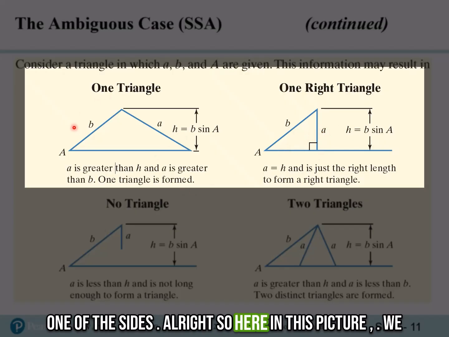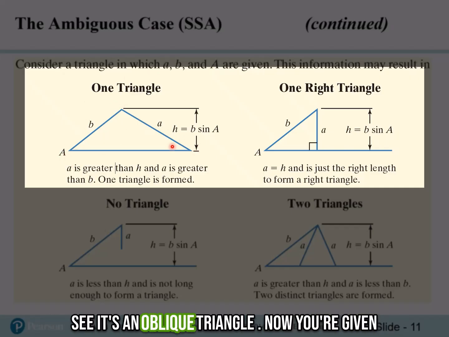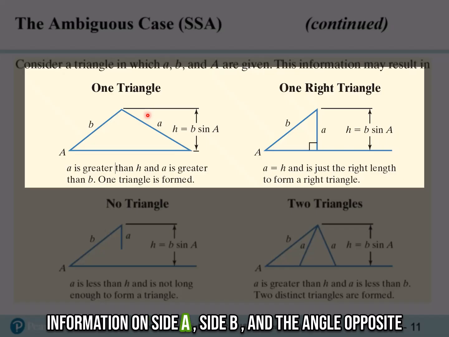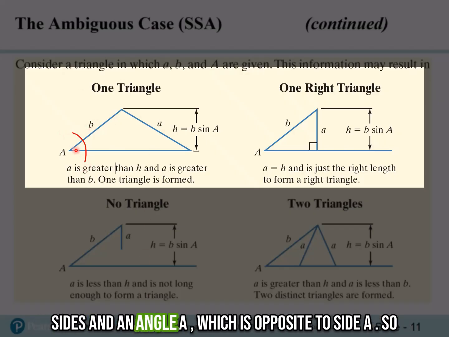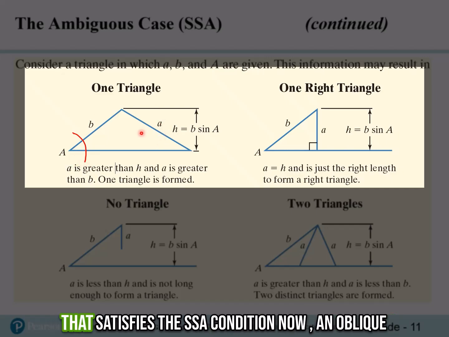All right, so here in this picture, we see it's an oblique triangle. Now, we are given information on side A, side B, and the angle opposite side A, this angle A. So we are given information on two sides and an angle A, which is opposite to side A. So that satisfies the SSA condition.